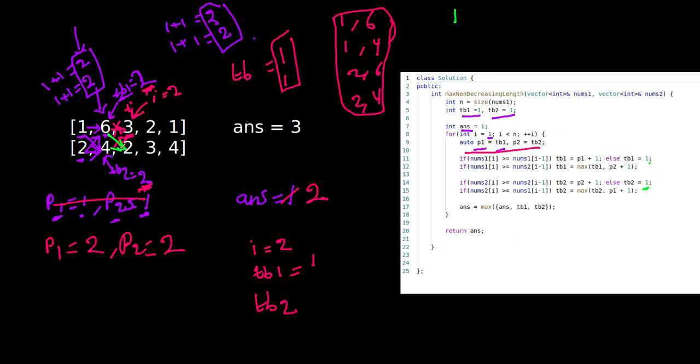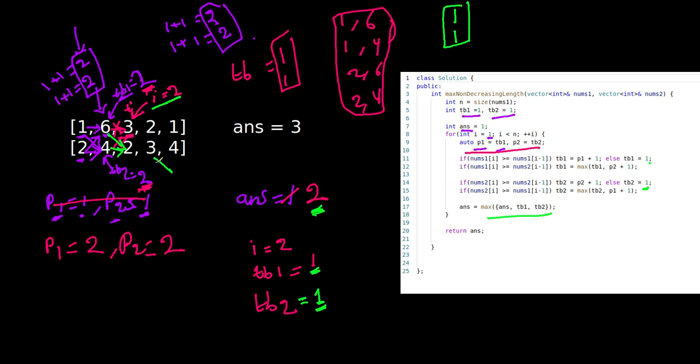From 4 to 2, 4 is greater than 2, so also we have 1. The maximum is 1, so tb2 equal 1. So the maximum of 1 and 1, and the answer is the answer itself, so the answer remains 2 at index 2.